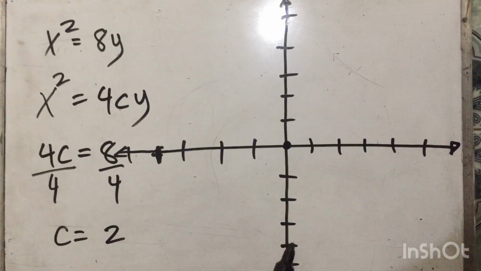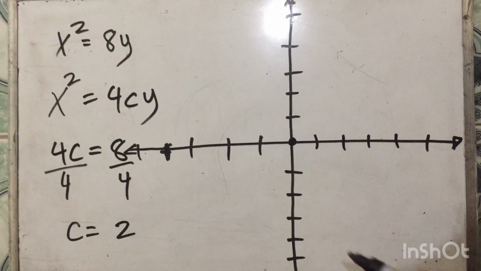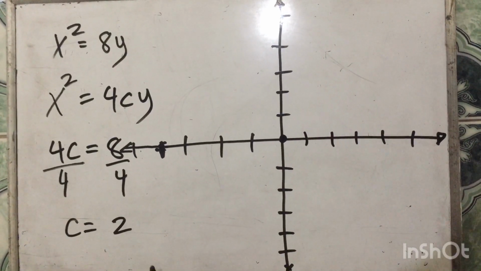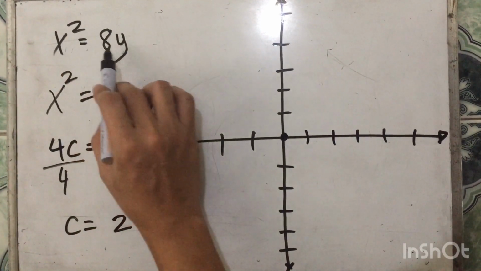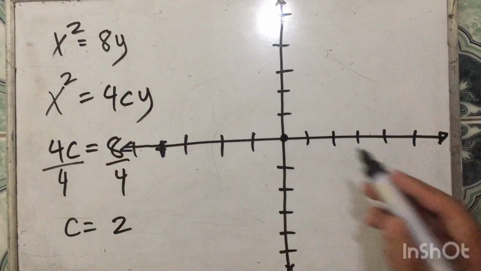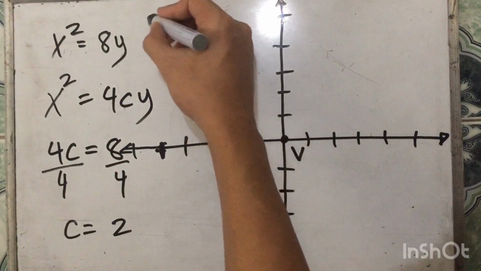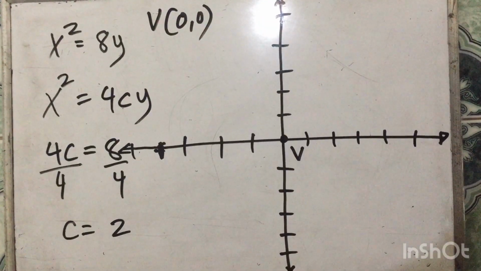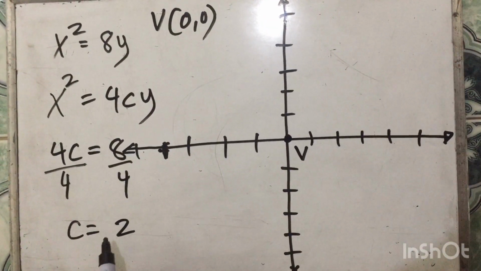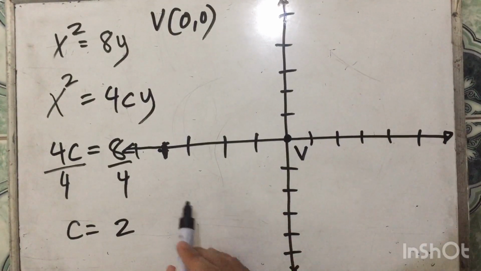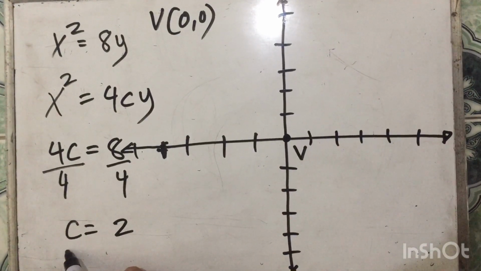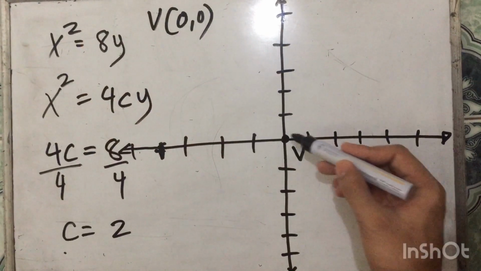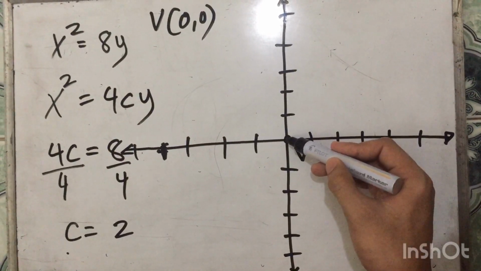So to determine the vertex, focus, directrix, and the axis of symmetry, we have to graph the given equation. We have x squared equals 8y. That means the vertex is at the origin, so we have vertex (0, 0). Now to determine the focus, we use c equals 2. Since the parabola opens upward, from the vertex we count 2 units upward.